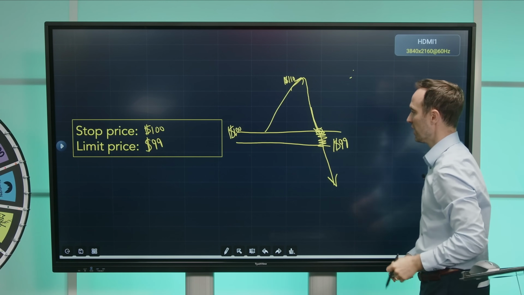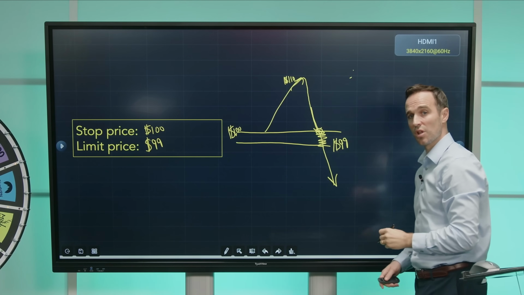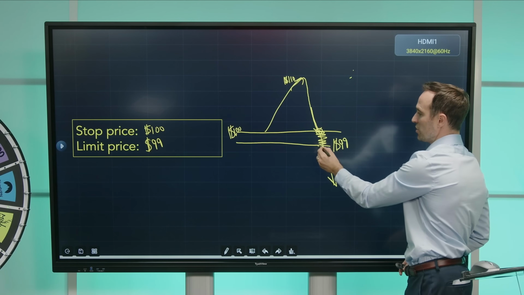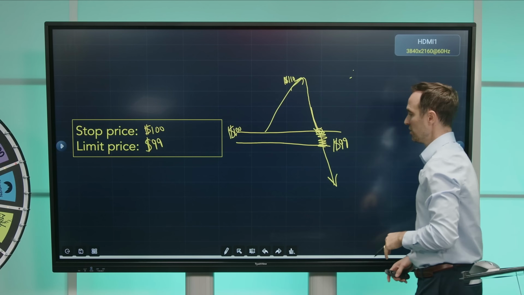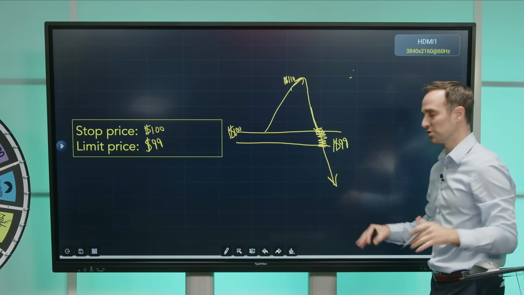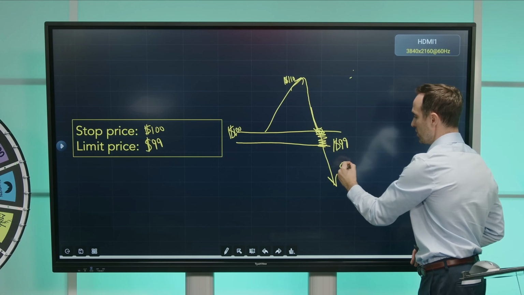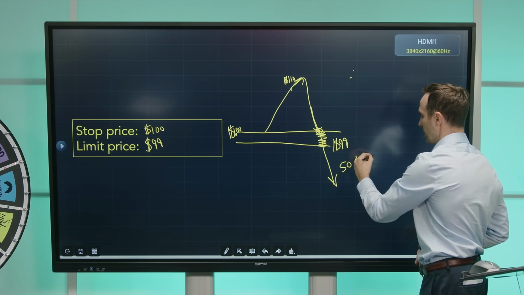So you're still 50 shares long, and what happens is when you get below this 99 limit price, you stop selling your shares. So you're still 50 shares long right here, right?